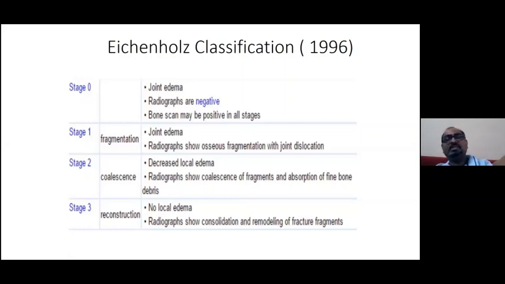So here, this is the time you actually have to give the patient absolute non-weight bearing and put him on a total contact cast, because this is invariably going to proceed to the stage of fragmentation, wherein all the bones are going to burst off, going to disappear, and then it subsides and leads to coalescence, and then reconstruction, wherein the whole bone forms back in whichever position it is.